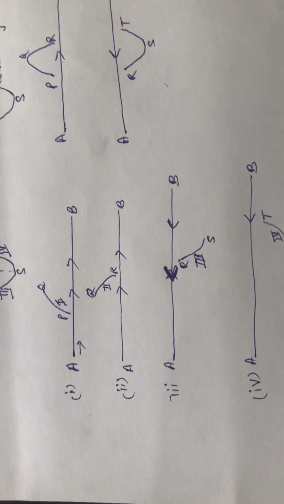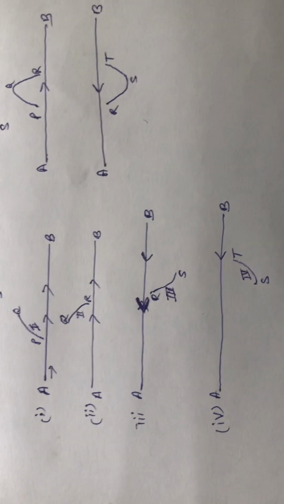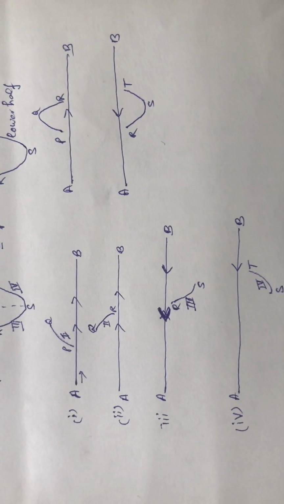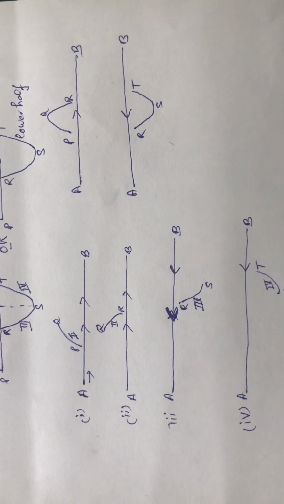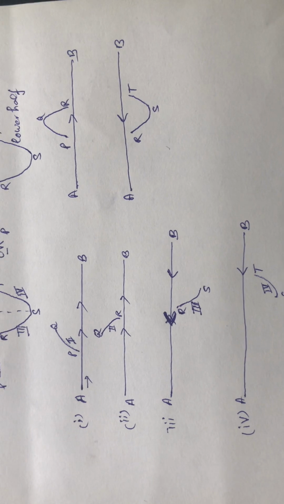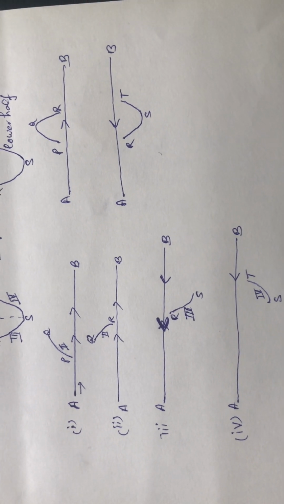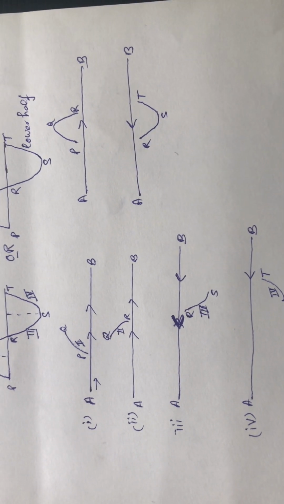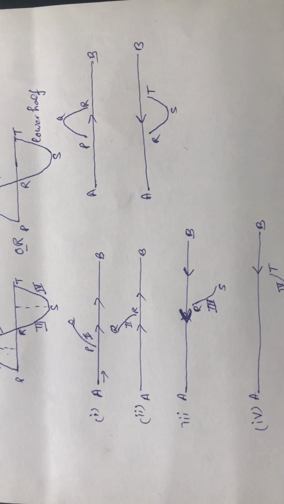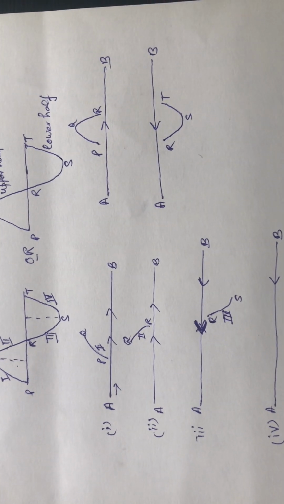Let us again think about the fourth part. During the fourth part of the cycle, the current flows from B to A again, but it decreases from maximum value at S to 0 at T. So again we can see that from maximum to 0 value, the current is flowing in the same direction, B to A.